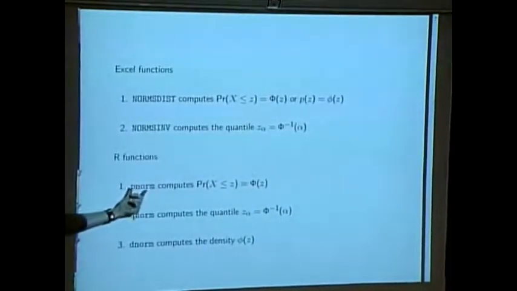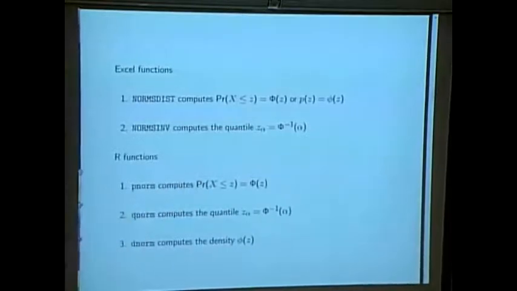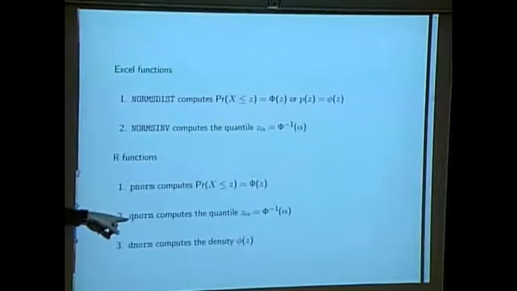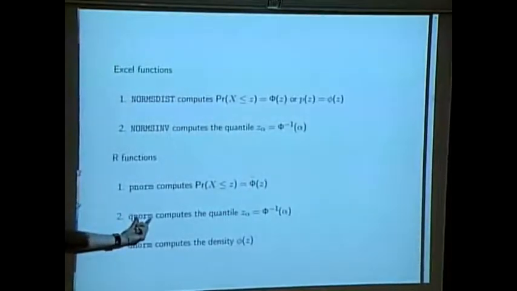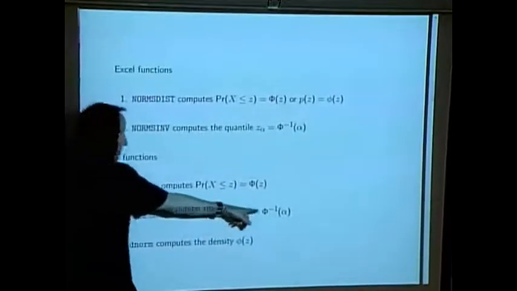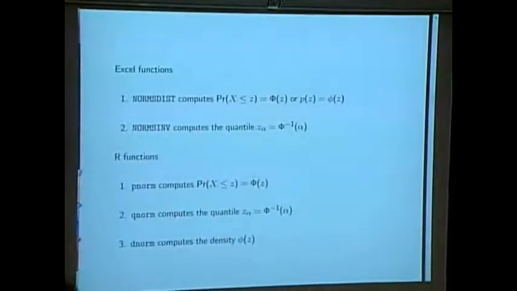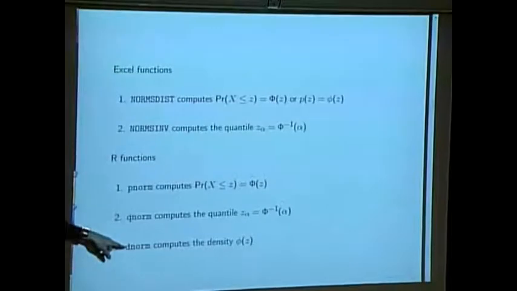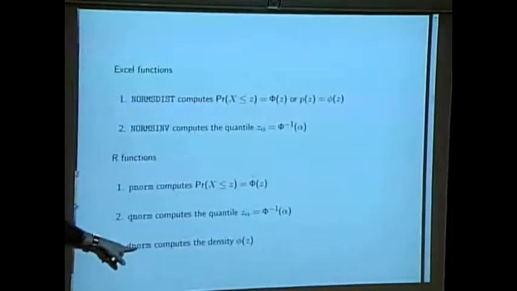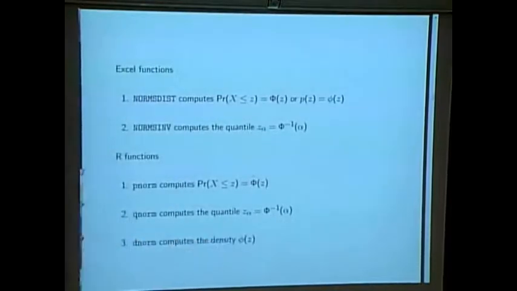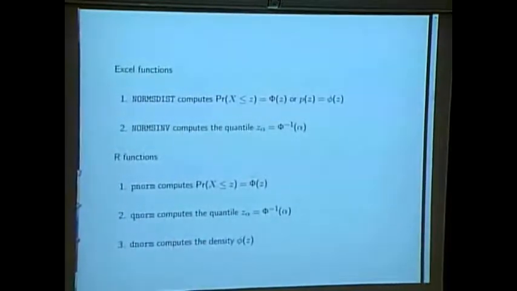So pnorm calculates the probabilities under the normal curve. If you want to calculate quantiles, then you use a function that starts with q and then has an abbreviation for the distribution. So qnorm computes the quantile function, which is the inverse of the CDF. And if you want to calculate the height of the normal curve, or the probability density value at a point, use a function that starts with d and then has the abbreviation of the probability model. So dnorm computes the density value of the normal distribution.